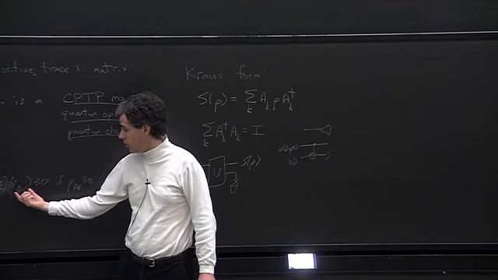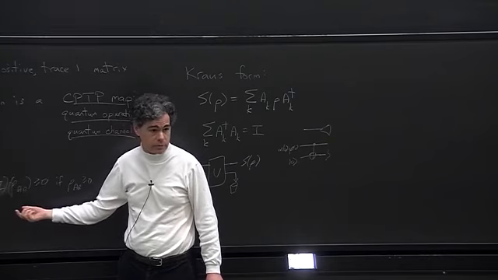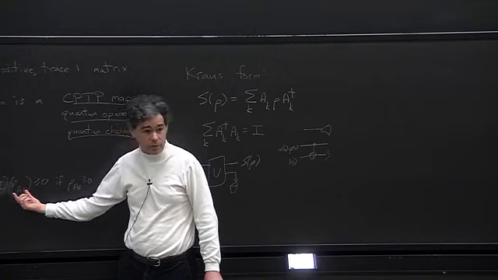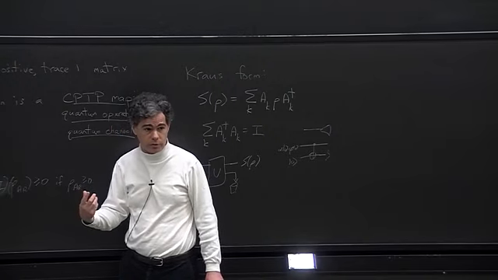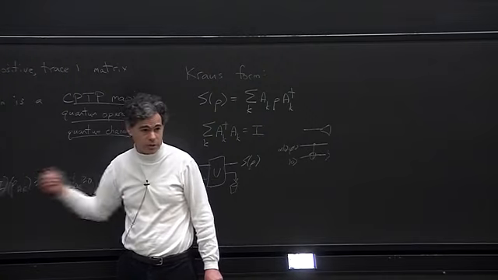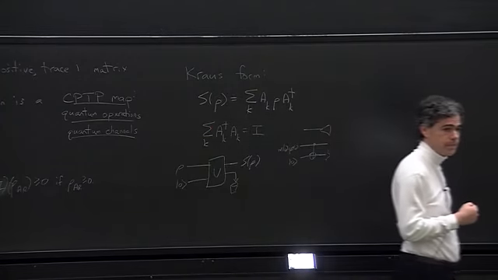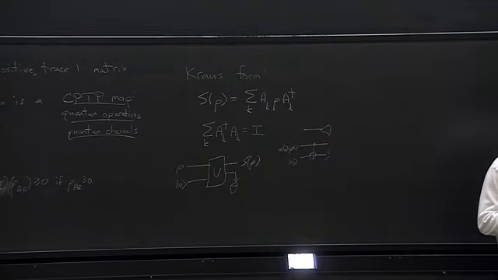And in particular, if it's a tensor product state, then completely positive just boils down to positive. But if it's an entangled state, then you get some extra power out of this or extra restriction out of this condition. OK? Yeah, anything else? Any questions?